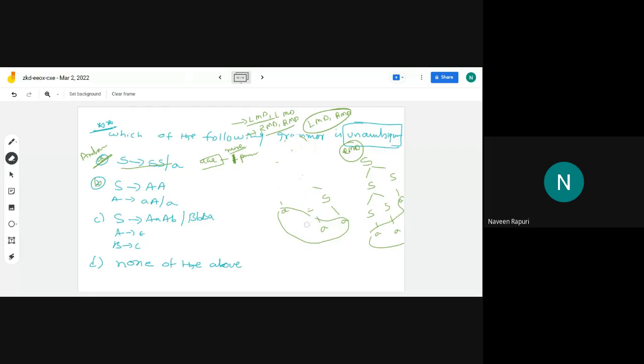Coming to the second one, sir. In the second one, suppose you take 3 S's here also.